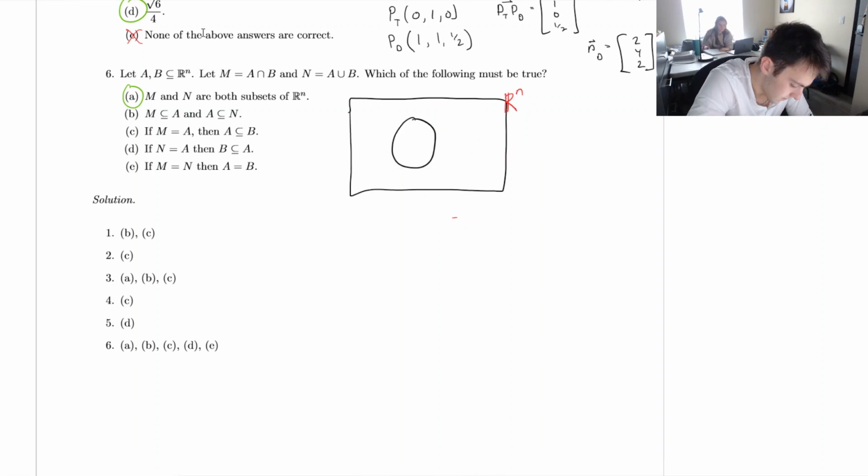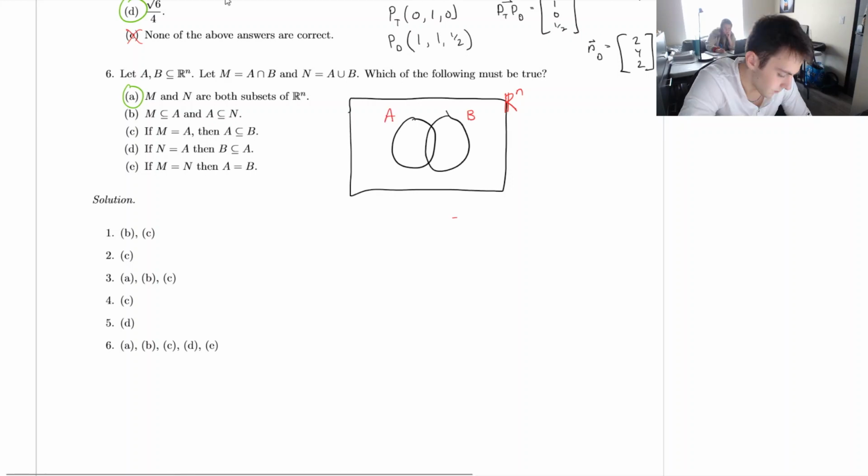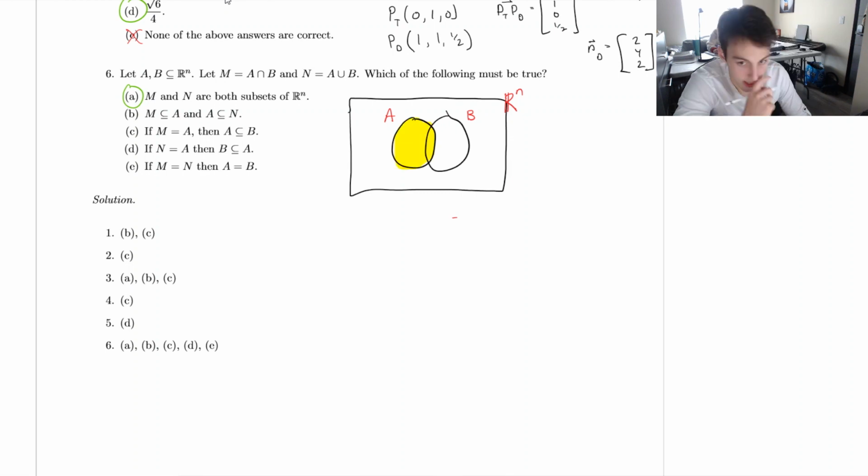This is A, this is B. So is M a subset of A? We know that A is this entire circle here that I just highlighted, and M is the intersection of A and B, which is this green area here. And since that green area is inside of that highlighted area, we know that M is a subset of A.